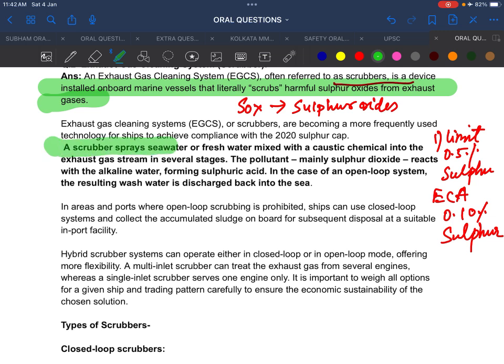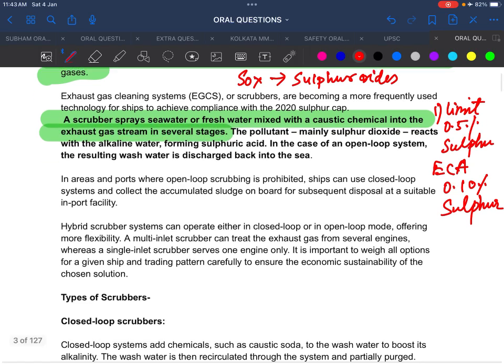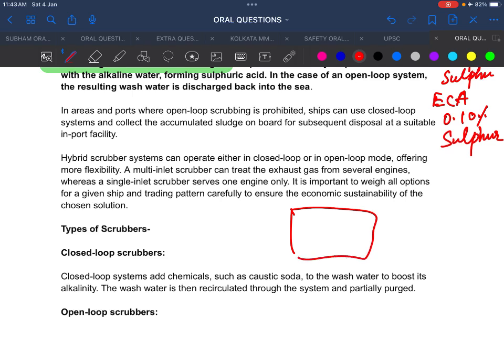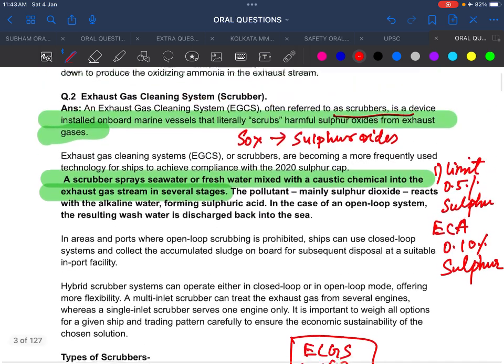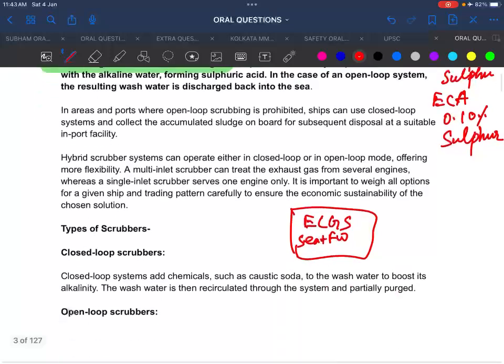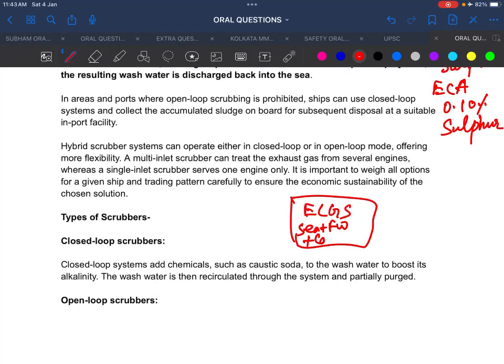The scrubber system sprays seawater or fresh water mixed with a caustic chemical into the exhaust gas stream in several stages. So here what we are doing is taking this exhaust gas cleaning system, where we use seawater or fresh water plus caustic soda.